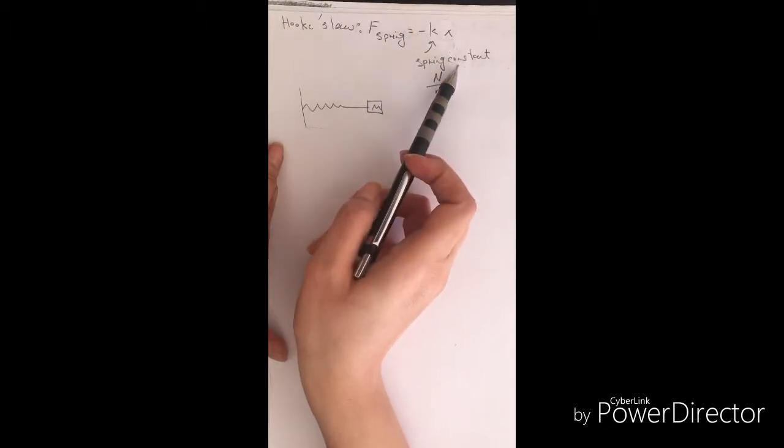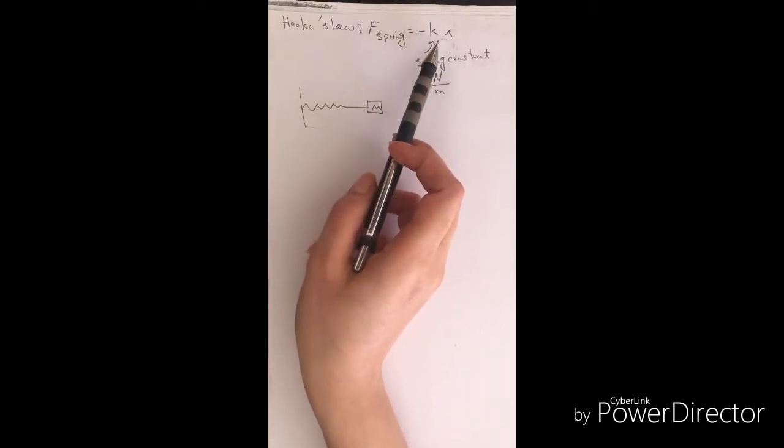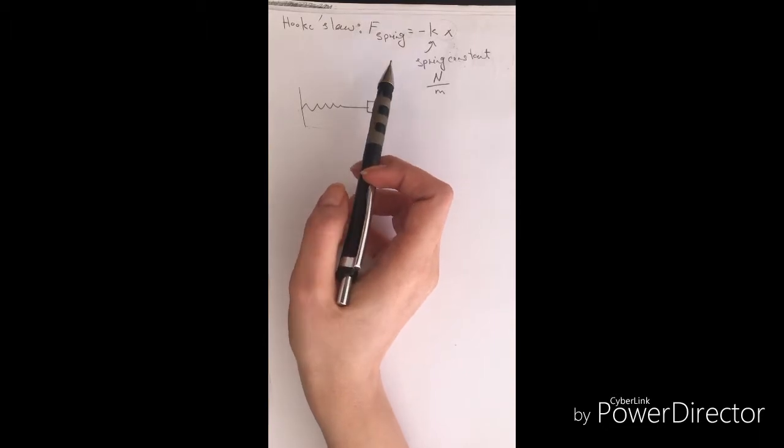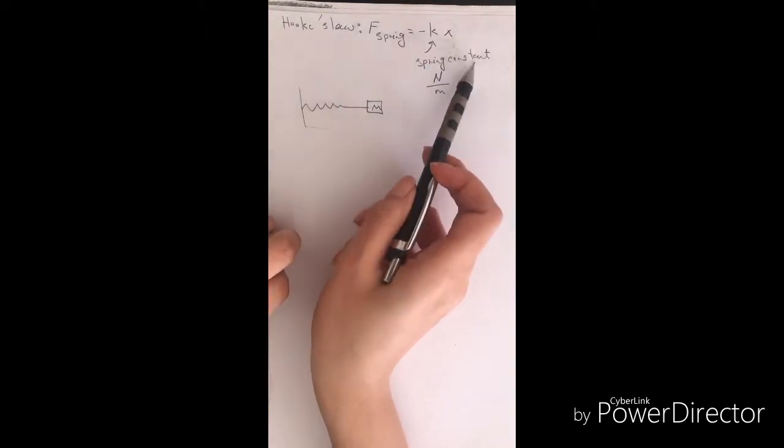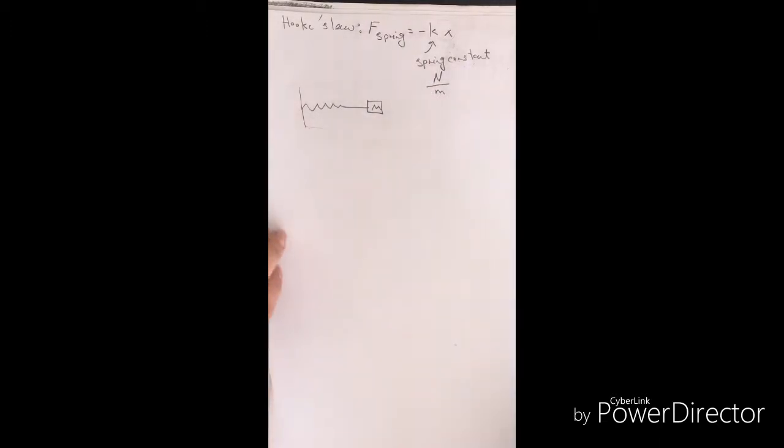K is the spring constant, and x is how much we stretched or compressed the spring. The unit of k, the spring constant, is N over m.